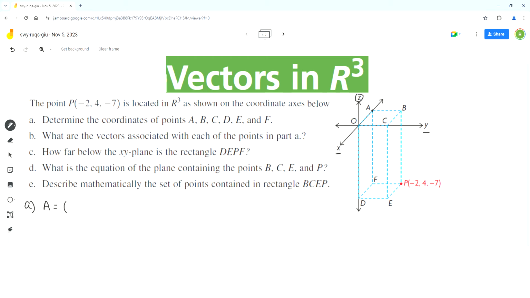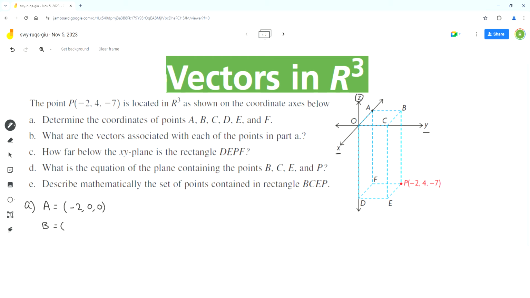The x number for point A will be the same as the x number for point P because A and P lie on the rectangle ABPF, so all of these points will have the same x number. So point A is -2, 0, 0.